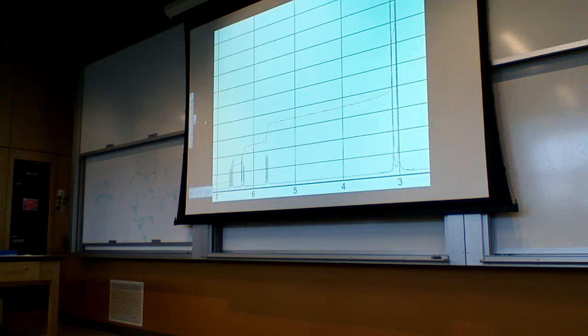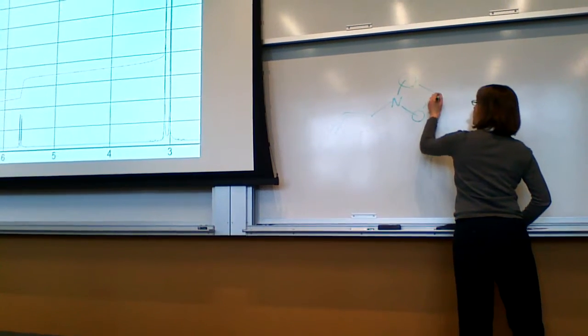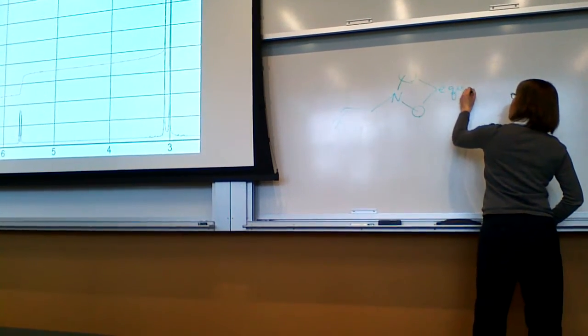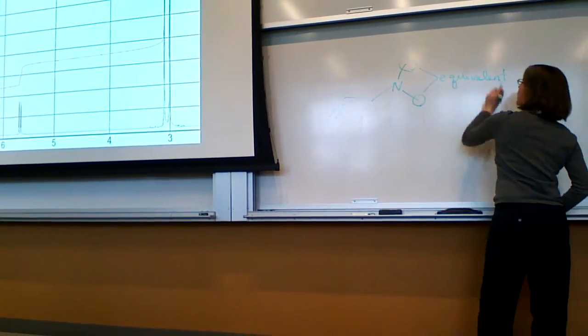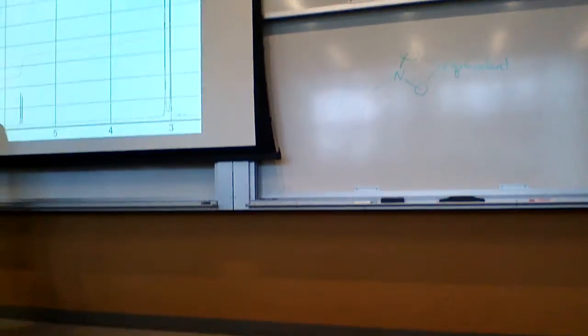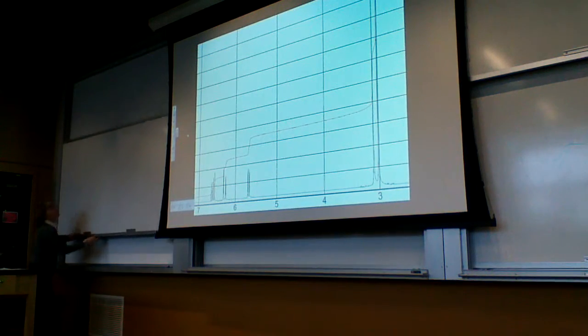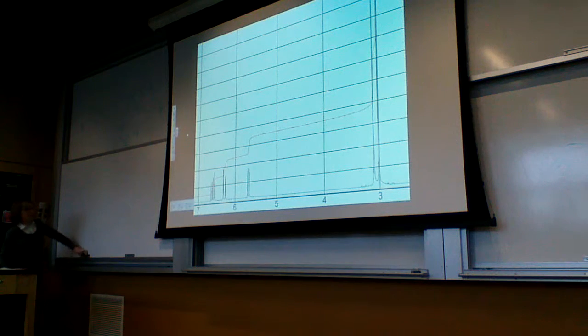If we took away the carbonyl group and we just had this allyl dimethylamine, we would see these two groups as equivalent, and we would have just one peak in the NMR. So that's a special case with the amide.